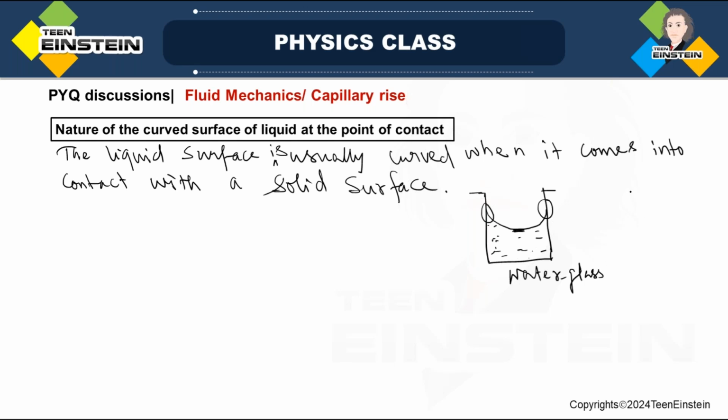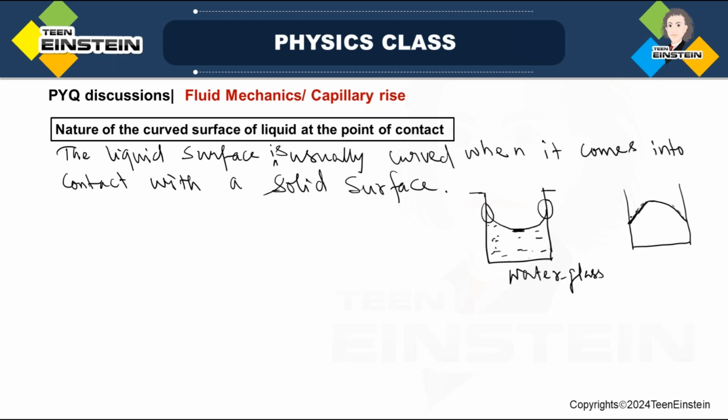Now if you take some mercury in a glass container, at the point of contact, how does it look? It will be like this.